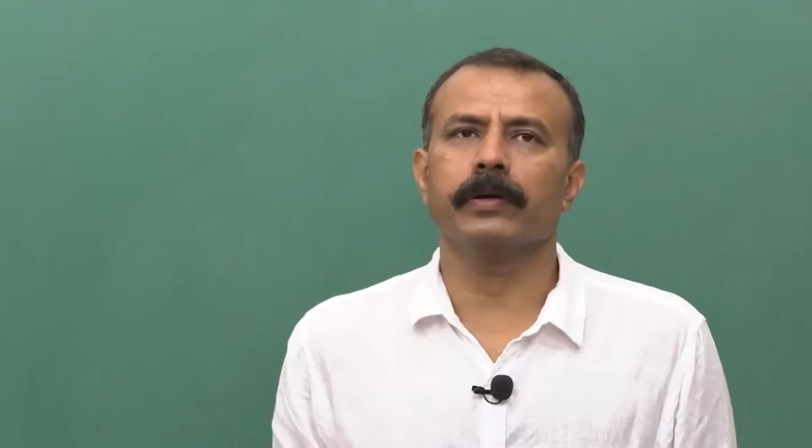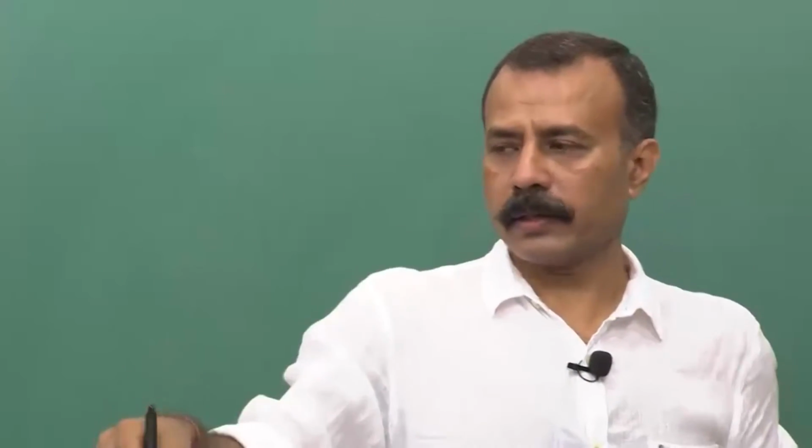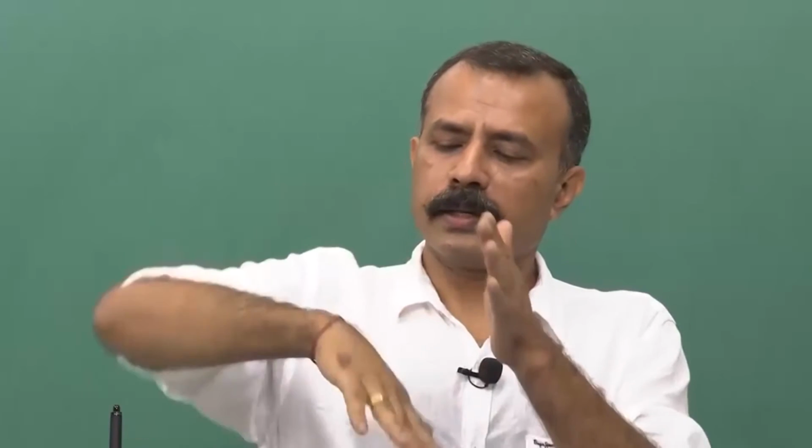Now, within the epidermis, one is the top part, the exposed part of the epidermis, and the other part is underneath, where you see the undulations. So this is the whole epidermis. There are different parts of the body. Now think of it: what is the difference between this side and this side? The first difference we talked about in the last class is the color. This side is much brighter, this side is much darker.